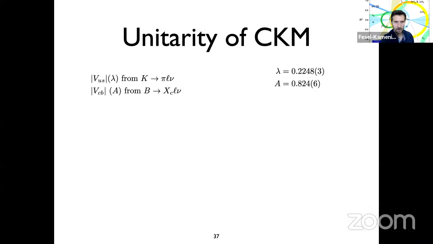Okay, since we've projected the measurements onto a plane which only contains rho bar and eta bar, in order to actually do it, we need to fix the other 2 parameters, which are the expansion parameter lambda and also the A parameter. One can do that using semi-leptonic meson decays. For example, lambda, or the modulus of V_us, can be extracted from the comparison of the standard model predictions and the measurements of the semi-leptonic K to pi l nu decay widths or rates or branching fractions.